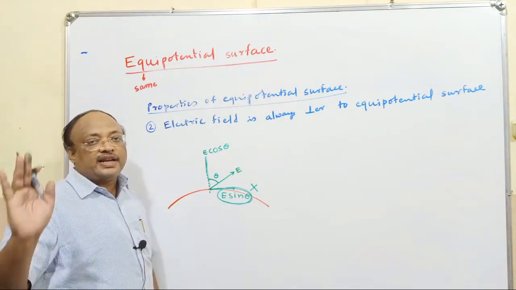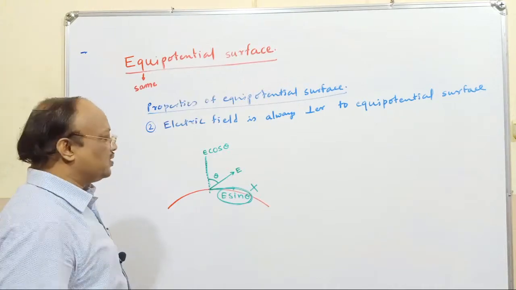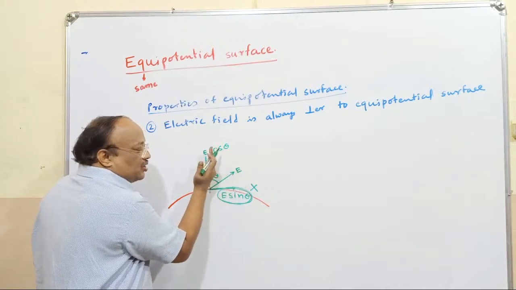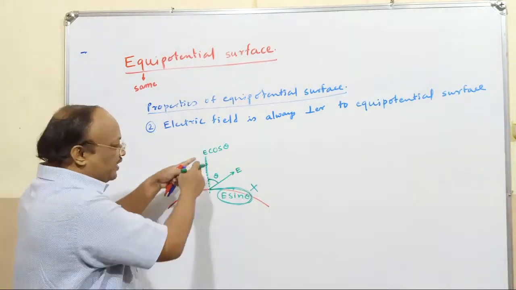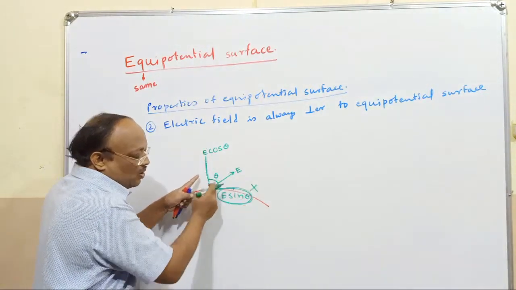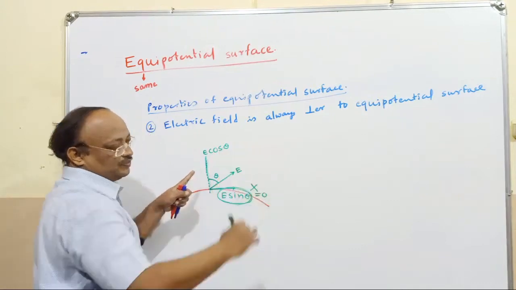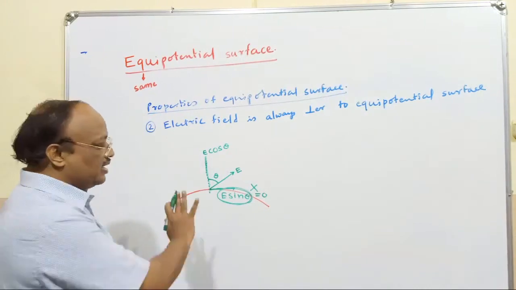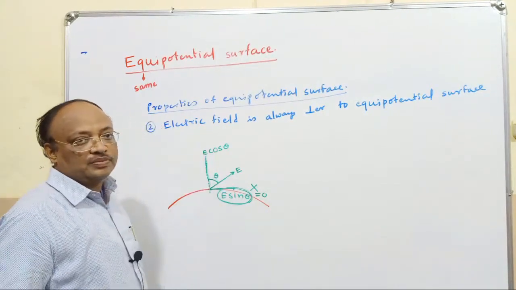If the E sin theta component itself is not there, then what should it be? This E should be perpendicular. If it is perpendicular, then only this E sin theta component becomes 0.